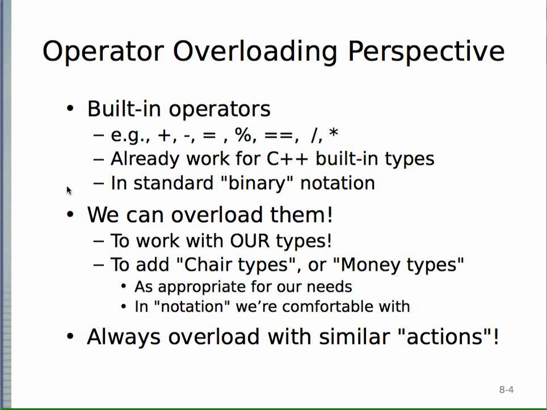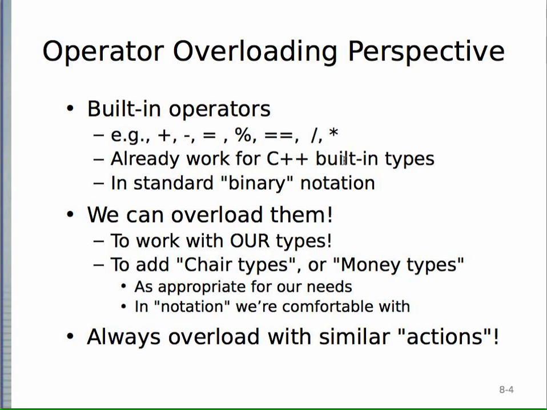The built-in operators like plus, minus, assignment operator, equality, remainder, divide, multiply, they already work for C++ built-in types like ints, floats, doubles, things like that. And they work in standard binary notation that we're all used to. And we've used it in Java too.